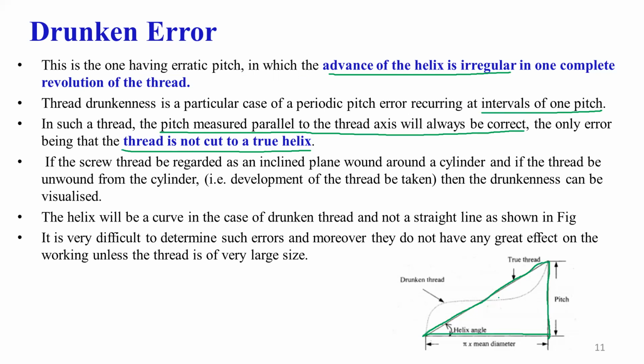This is called the true thread. The hypotenuse forms the true thread length, and this is the circumference of the cylinder, that is pi d, and this is the pitch of the screw.